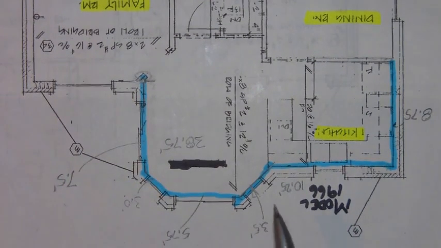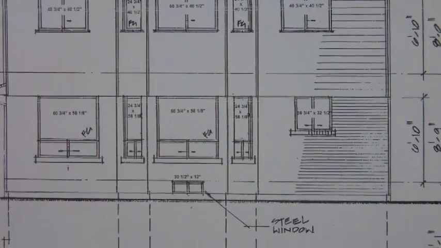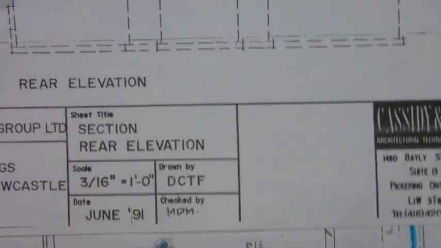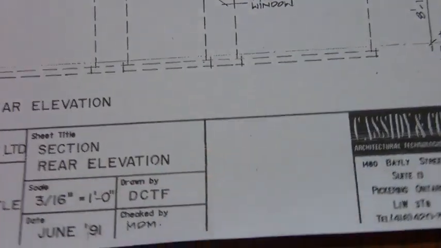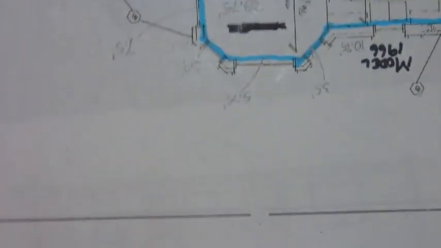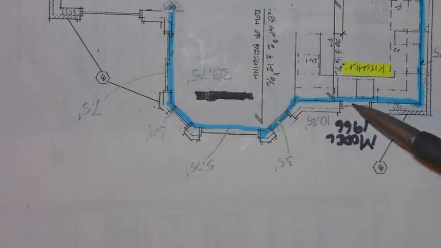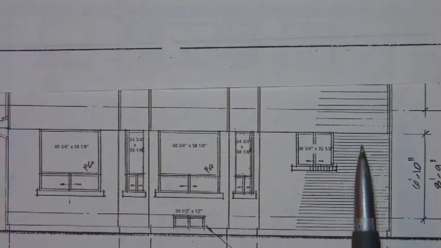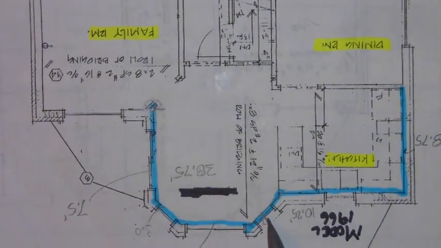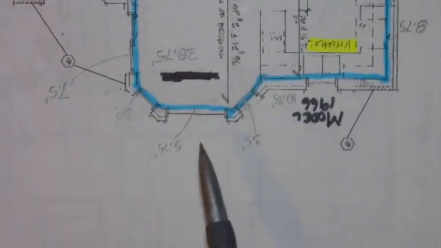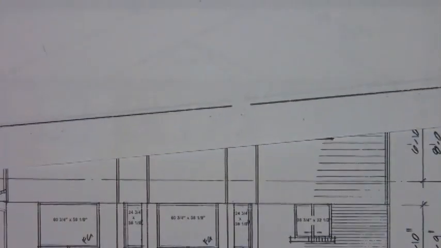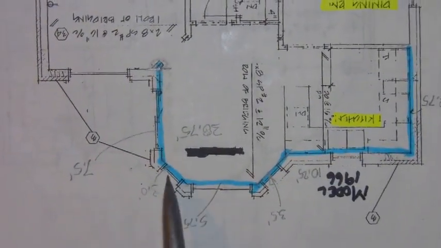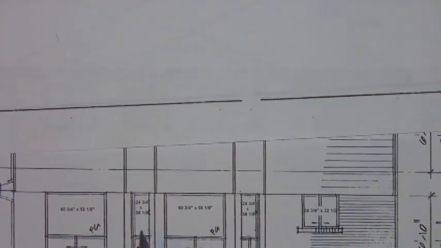Okay, so that now when you look at this house and you compare it to the elevation, you should see that this window lines up with this window, this window lines up with that window, this window lines up with that window, and this window lines up with that window.